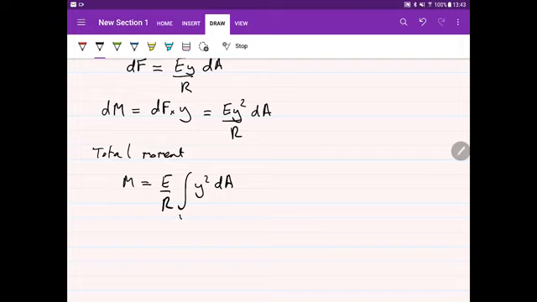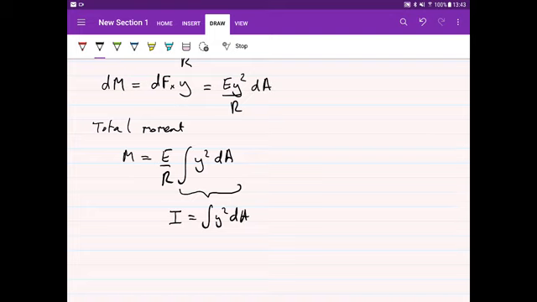Now this little section here is a quantity known as the geometric moment of inertia, and you can find those for different shapes of solids with different dimensions, and it's not really necessary for us to calculate what that is.